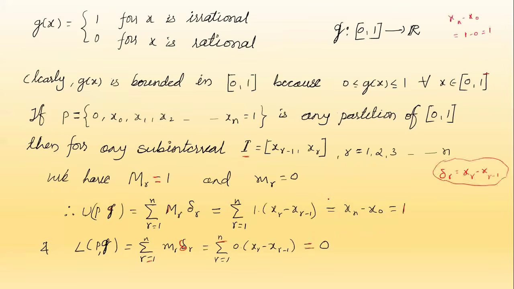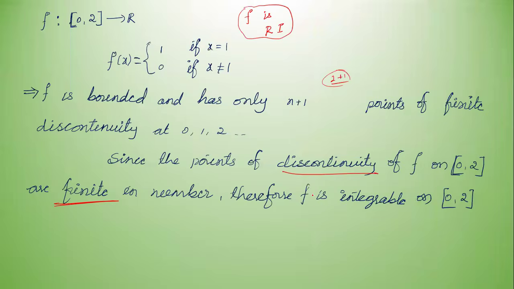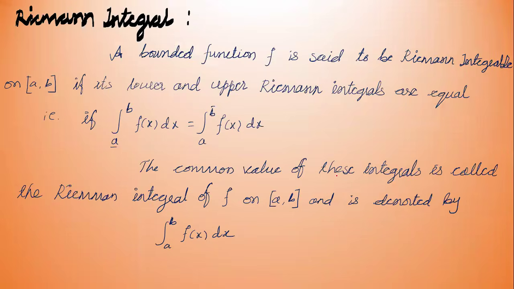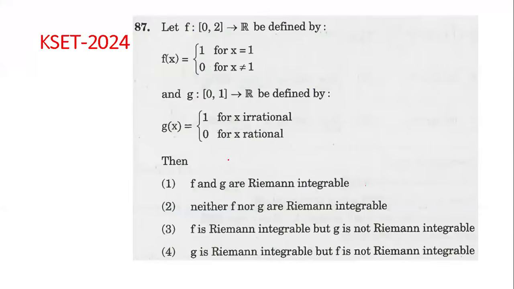Here f is Riemann integrable because it has a finite number of discontinuities. g is not Riemann integrable. This is Riemann integrable, this is not Riemann integrable.